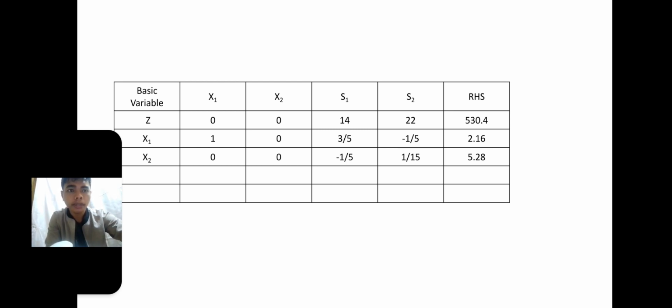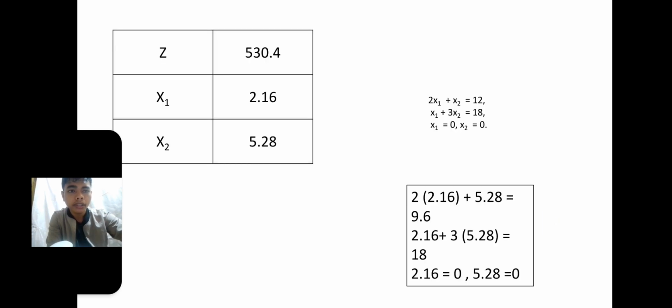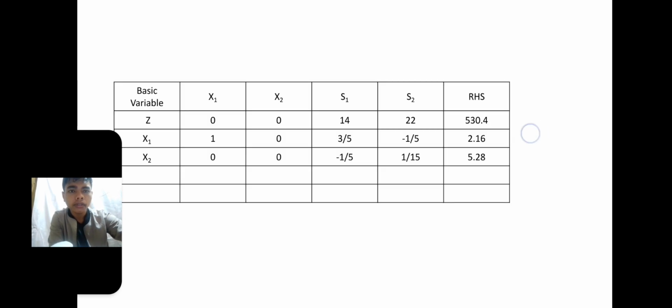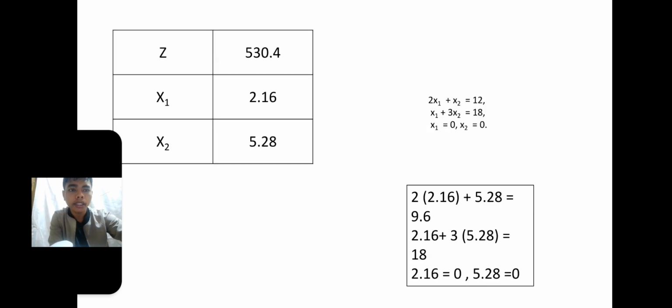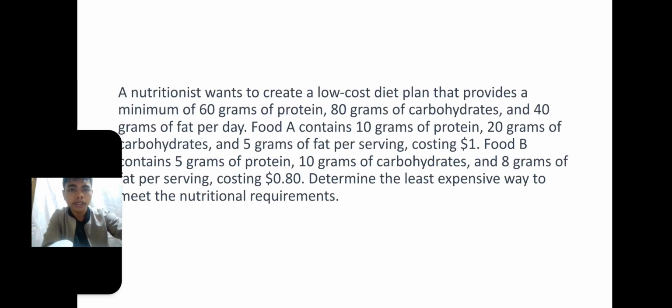So let's stop, because there are no more negative signs in the variables, and this is our profit. The profit in corn is 9.6, and in wheat is 18. Let's proceed to the other problem.